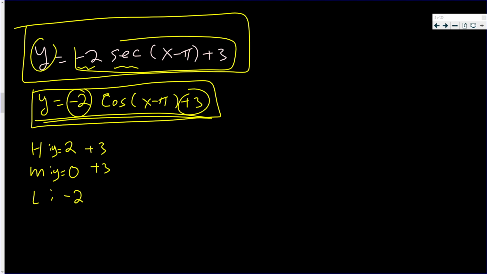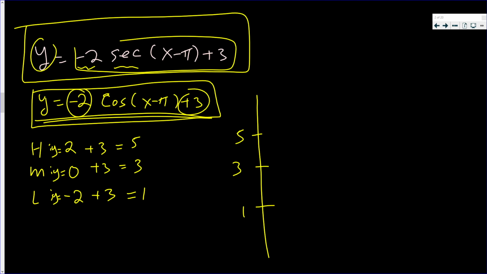Y equals 0 for the middle. Y equals -2. But like I said, somebody went and added 3 to every y value. So 1, 3, 5 looks to me like that would be the origin.